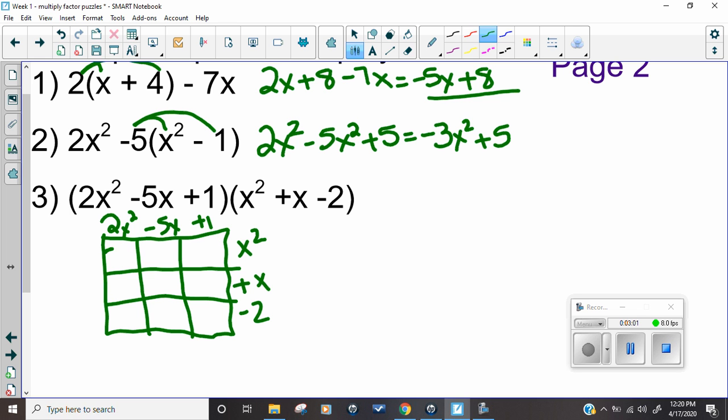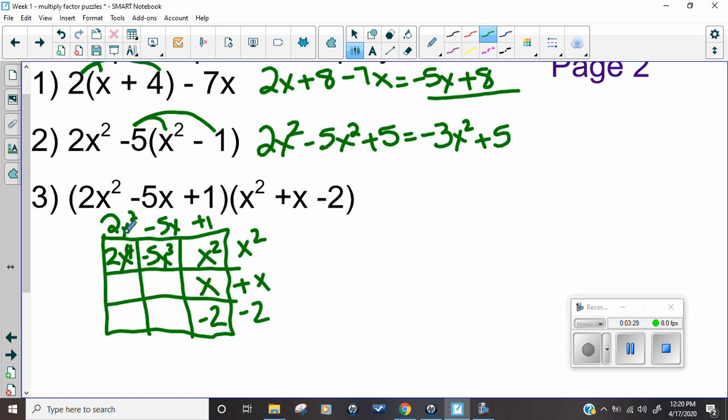So 2 times 1 is 2. But then I have x squared times x squared. And when I multiply, x squared times x squared is x to the 4th. Negative 5x times x squared is negative 5x cubed. And then this column is all just times 1, so 1 times anything is just itself. I'm going to get an x squared, an x, and a negative 2.